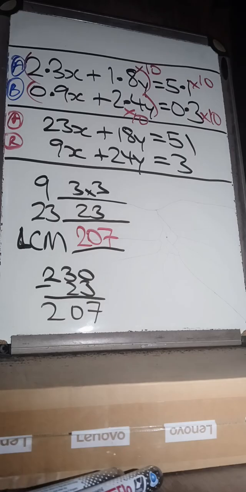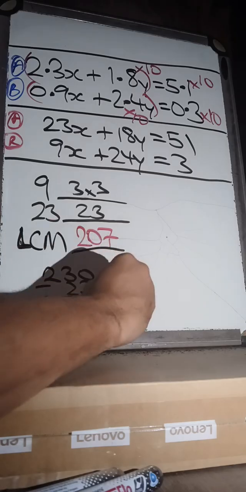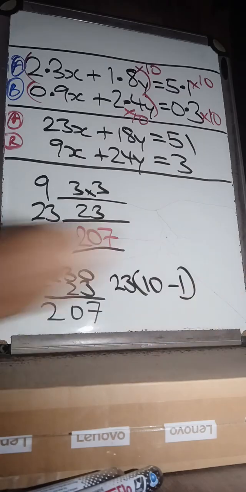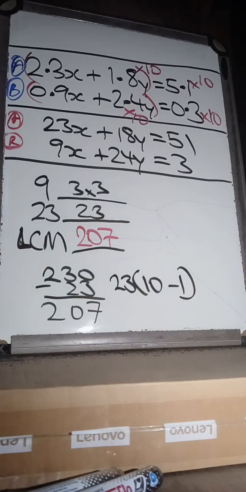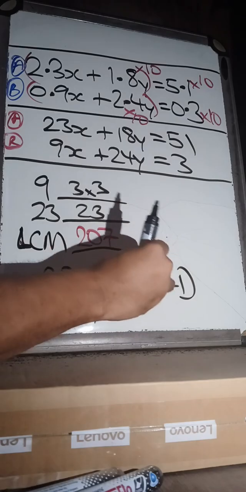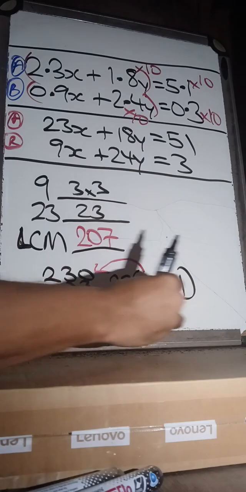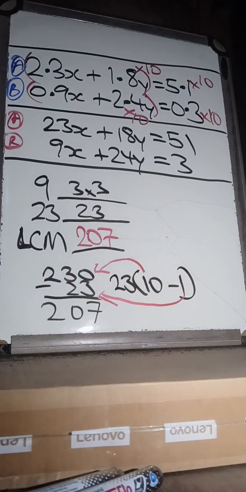Alright? Because if you multiply 23 by 10, you get 230. 23 times 1, 23, subtract it from that, you get that. 10 minus 1 is 9, so if you multiply 23 by 10 minus 1, that is your 23 times 10, and that's your 23 times minus 1.